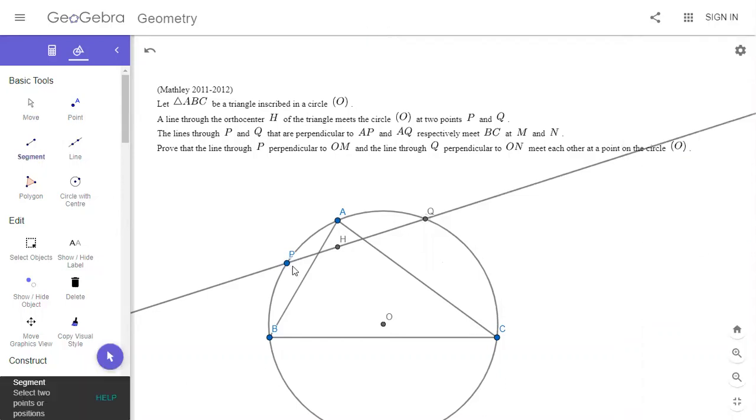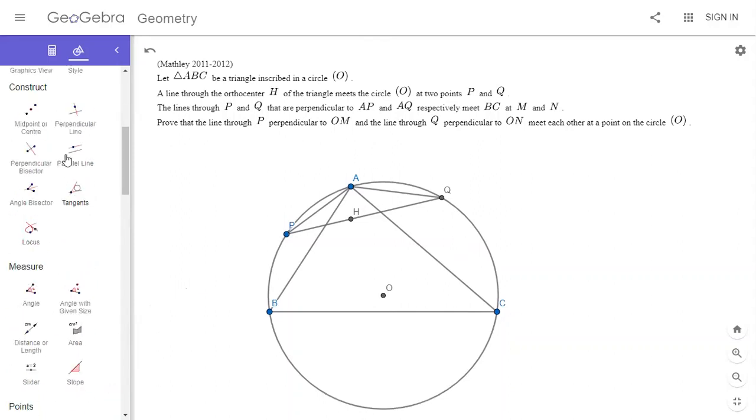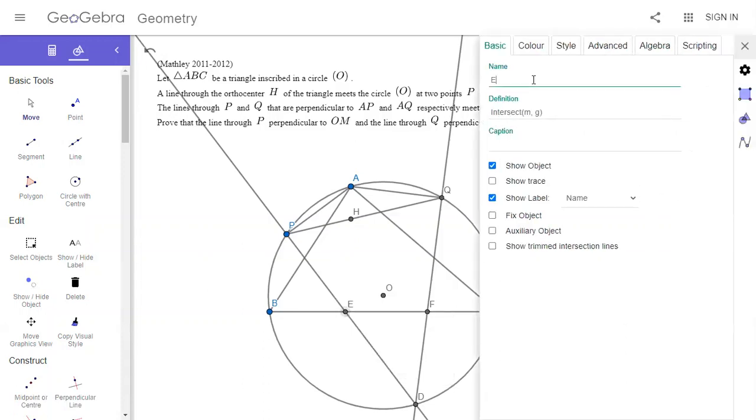Okay, so the lines through P and Q that are perpendicular to AP and AQ meet BC at M and N. So this should be like the antipode of A, and these are at M and N.